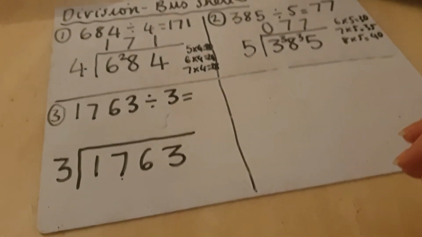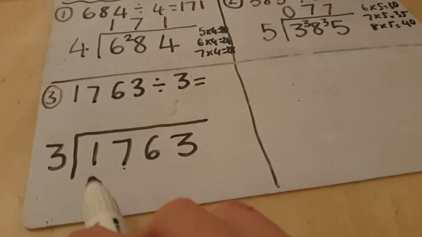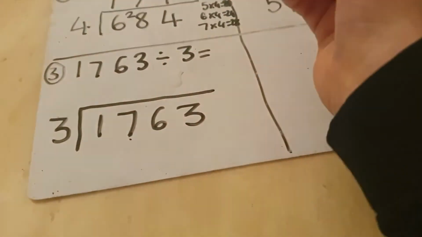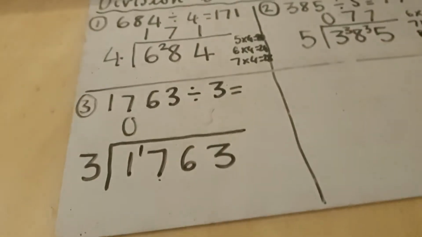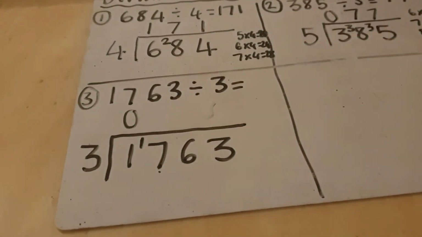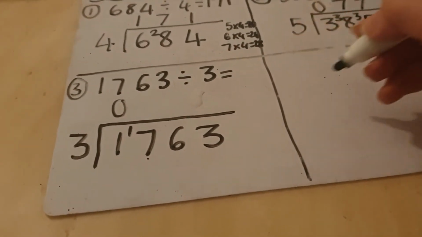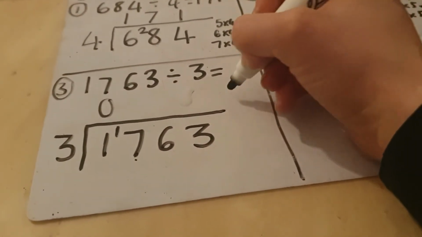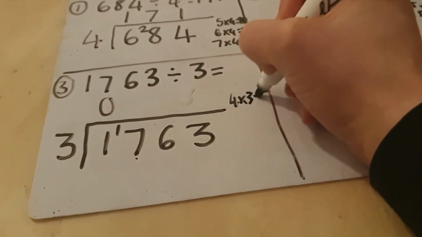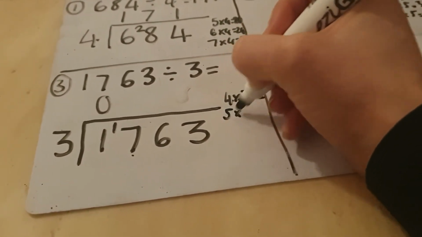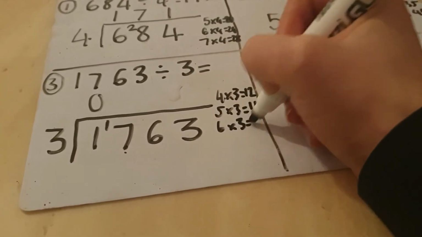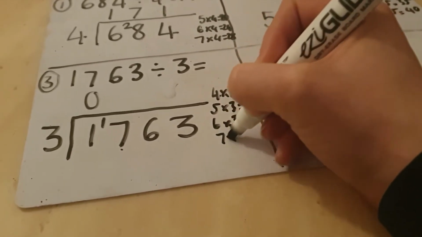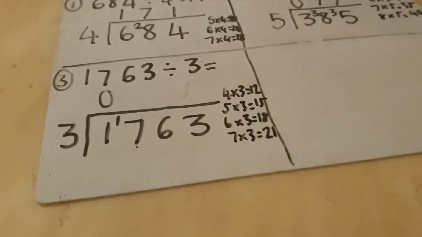And again, we do those same questions. How many 3s go into 1? Well, you know we can't get any groups of 3 into 1. So it'd be 0, and you carry that 1 over. Next one. How many groups of 3 go into 17? Now, if you know your 3s, you got 4 times 3 equals 12, 5 times 3 equals 15, 6 times 3 equals 18, 7 times 3 equals 21, okay?